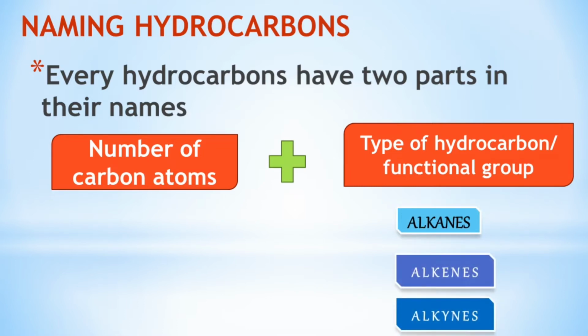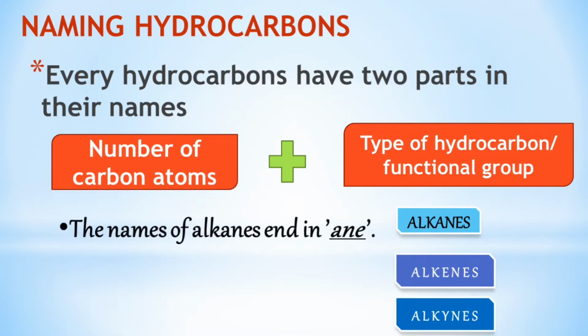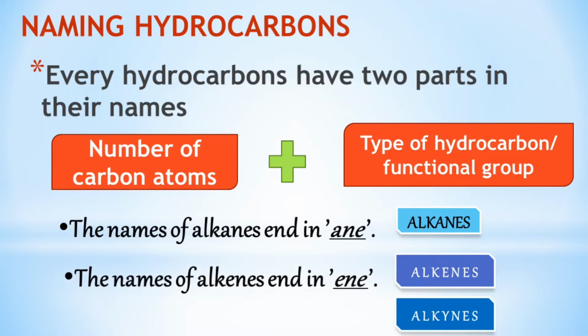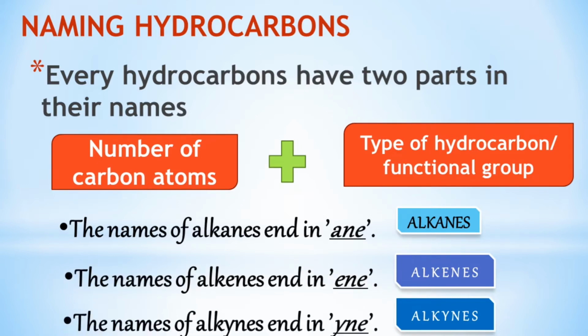But these are not the only families or functional groups. Apart from these, we have alcohols, aldehydes, ketones, and many more types depending on the functional group. The name of every alkane ends in "ane", alkenes end in "ene", and alkynes end in "yne".